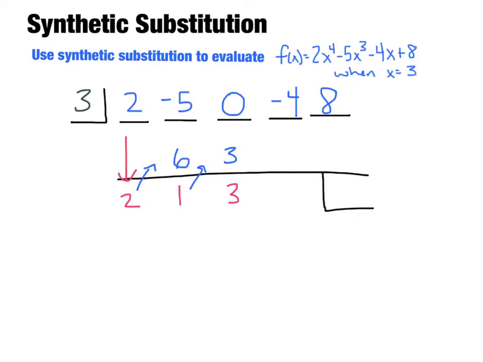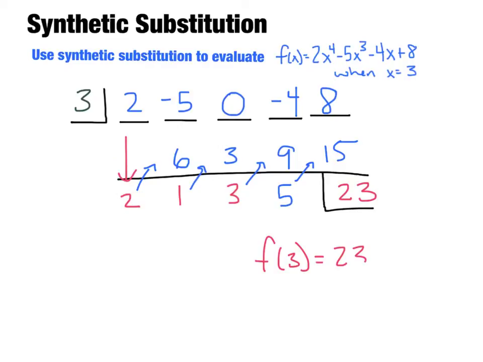Wait, how'd you get the 1 again? Okay. The x value times the 3 is 9. And then we add down: negative 4 plus 9 is 5. Multiply. 3 times 5 is 15. 8 plus 15 is 23. So just like in the last example, f of 3 equals 23.